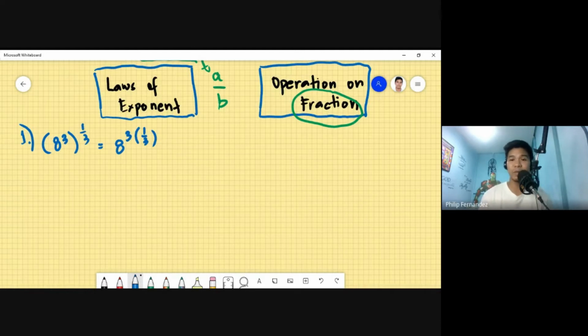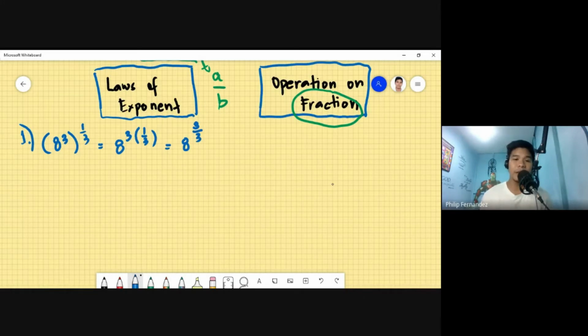So, ano bang ginagawa when we multiply a fraction to a whole number? Ang whole number, i-multiply lang natin sa numerator. So we multiply the whole number to the numerator. That is 3 times 1, which is equal to 3 over 3. So the resulting expression now is 8 raised to 3 over 3.